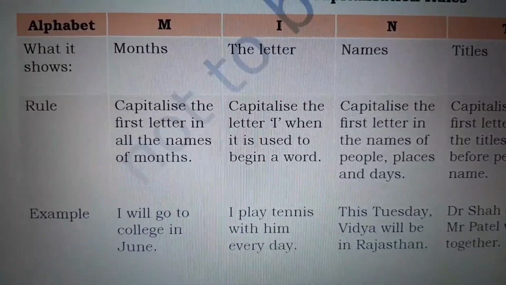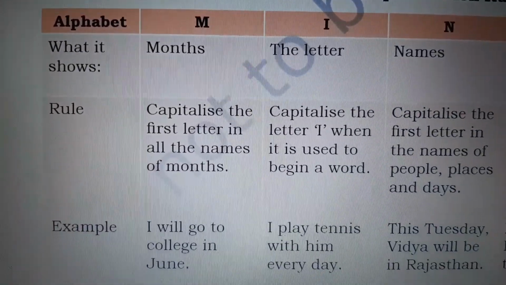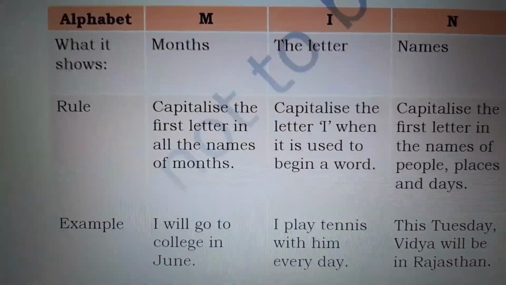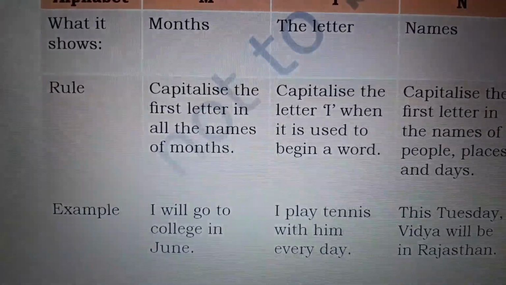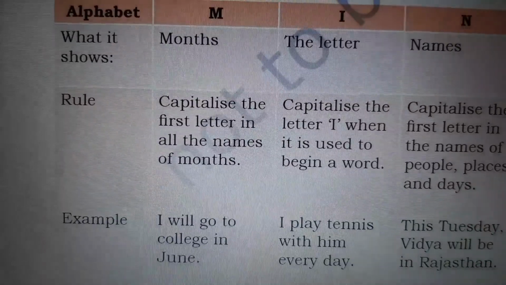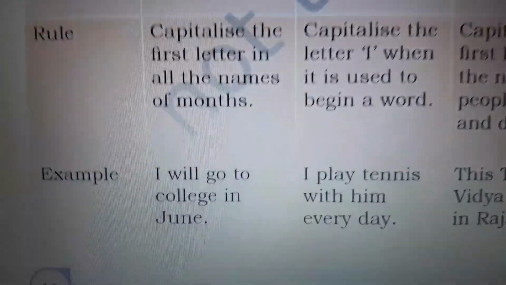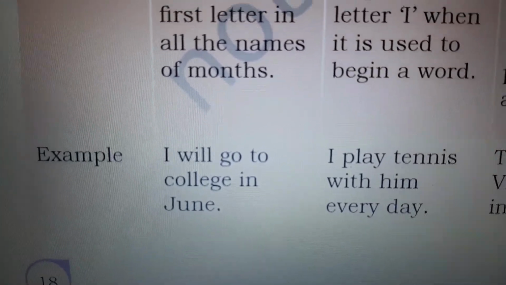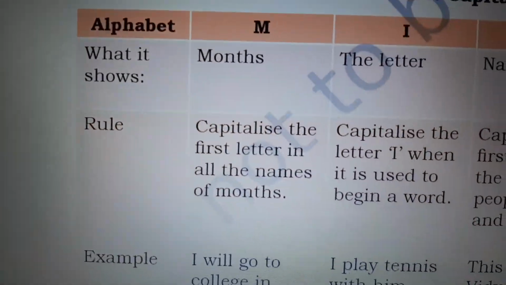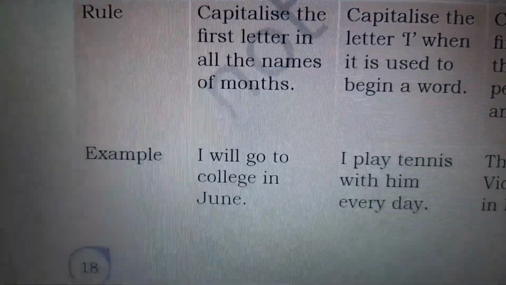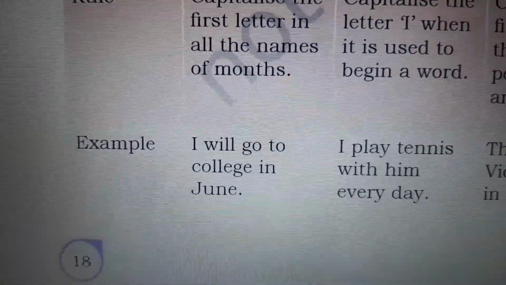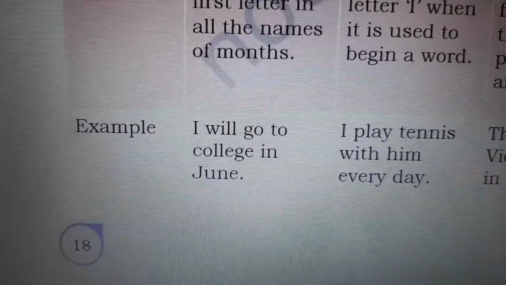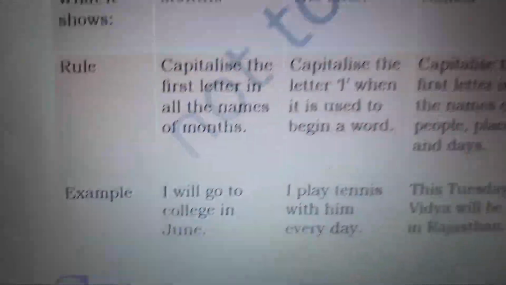For example, the alphabet M stands for months. That means the name of the month will be capital. In the example given, I will go to college in June. June, J is capital, right? So whether it's January or February, J is capital for January and F is capital for February.